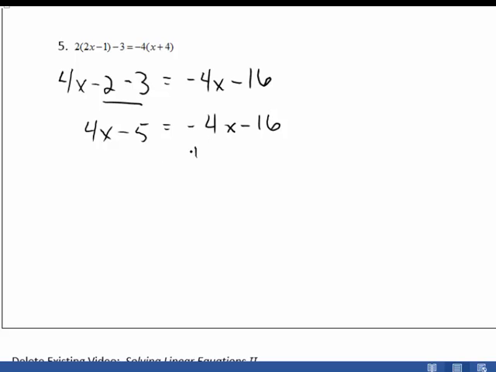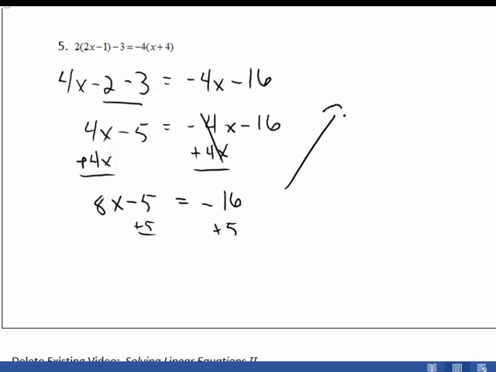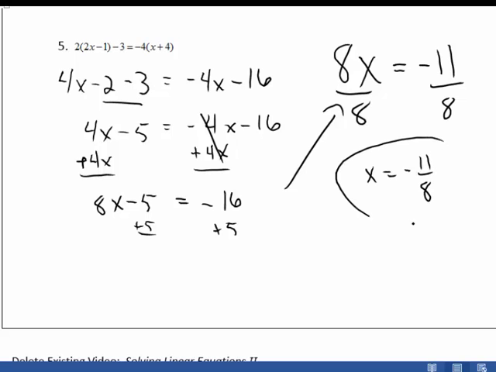And then I'm going to add 4x to both sides. 8x minus 5 equals negative 16. Add 5, come up here, 8x equals negative 11, and the final step, divide by 8, and I get my solution as negative 11 over 8. I'll leave the check for that one up to you.